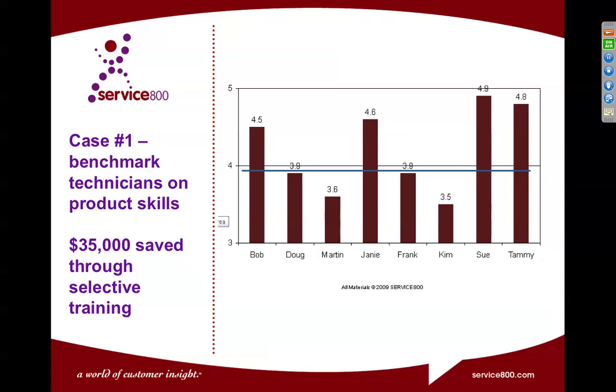That organization saved $35,000 in their training budget and moved their overall customer satisfaction by paying particular attention to the low performers and bringing them into the realm that was appropriate according to an industry benchmark.